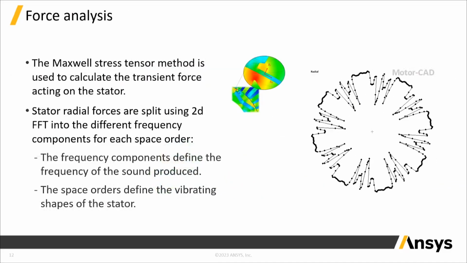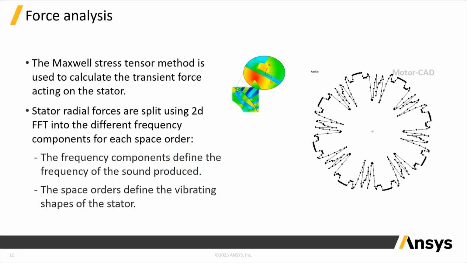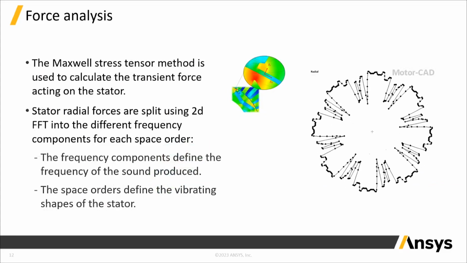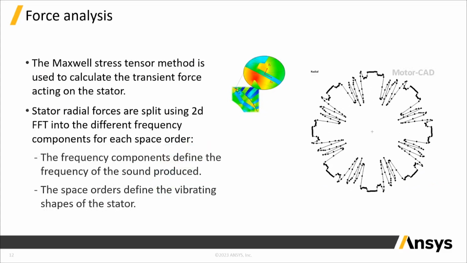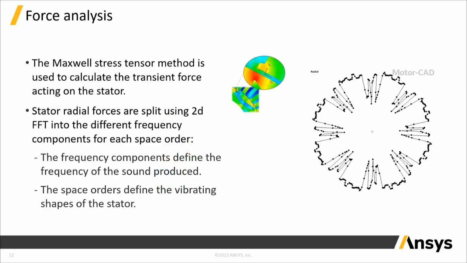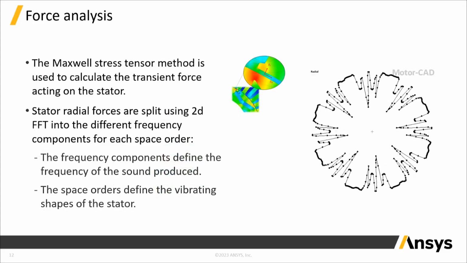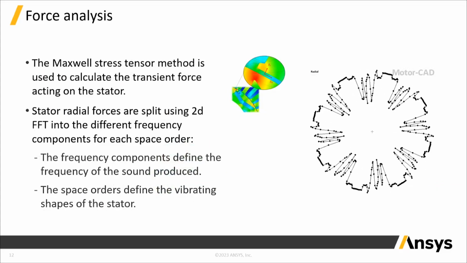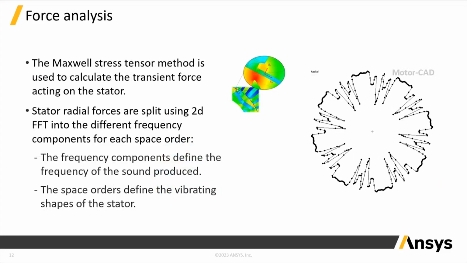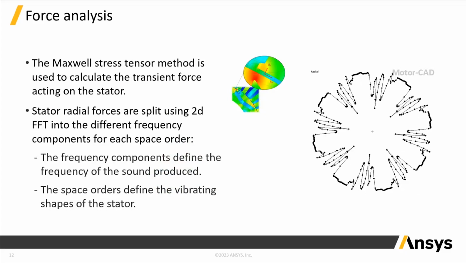So looking at MotorCAD's calculation approach in a little more detail, I'd just like to talk through what we're doing. The Maxwell stress tensor method is used to calculate the transient force acting on the stator from the radial and tangential components of the electromagnetic field. These stator forces are then split up using a 2D Fourier transform into different frequency components for each space order.